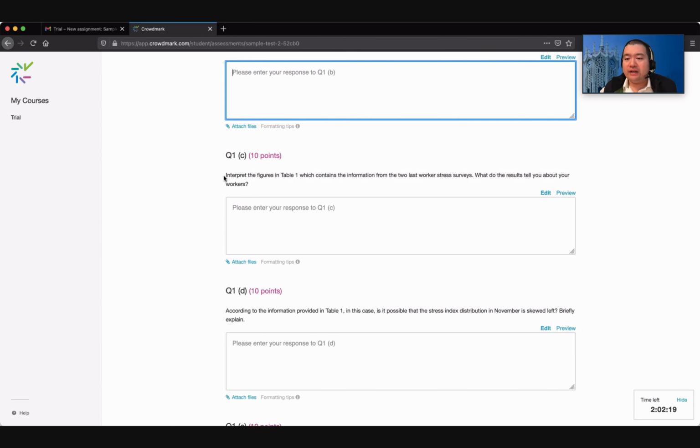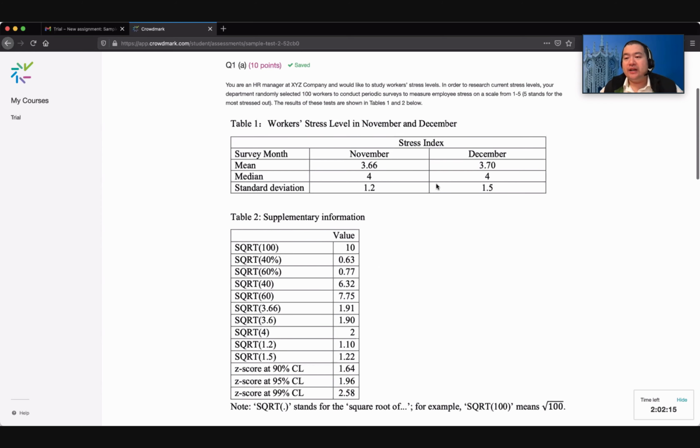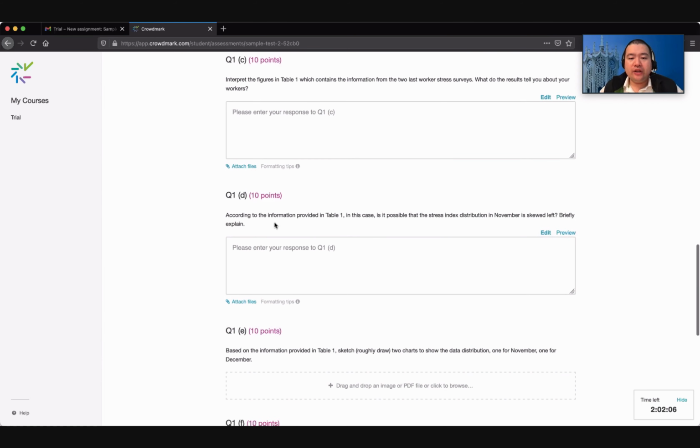What do the results tell you about your workers? You can interpret the mean, median, and standard deviation, as I mentioned. According to the information provided, is it possible that the stress index distribution in November is skewed left? Briefly explain.